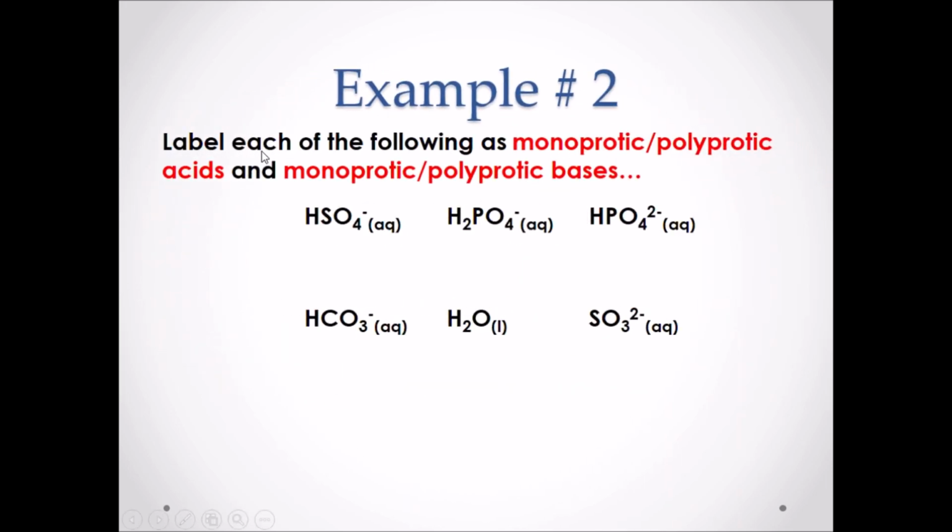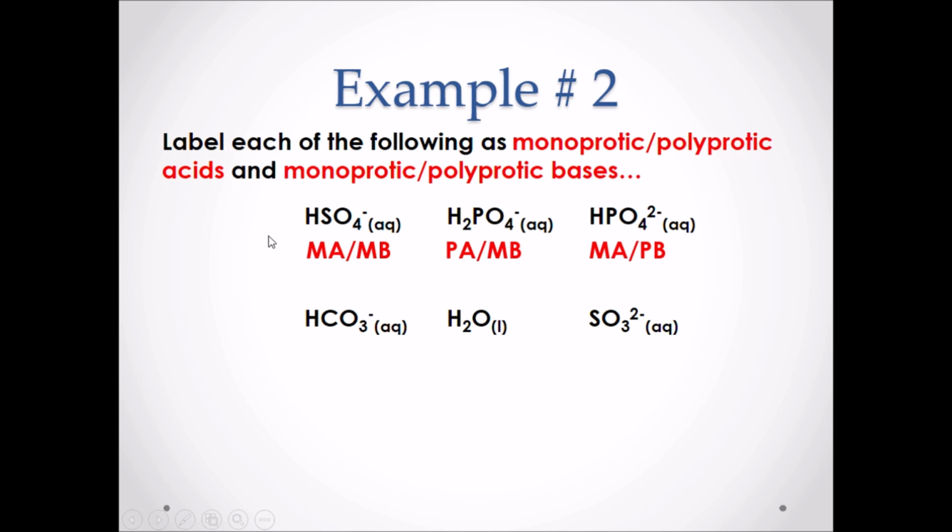Example number 2. Label each of the following as monoprotic/polyprotic acids and monoprotic/polyprotic bases. Pause the video and attempt this example. For our first 3 chemical formulas, we have the following answers.